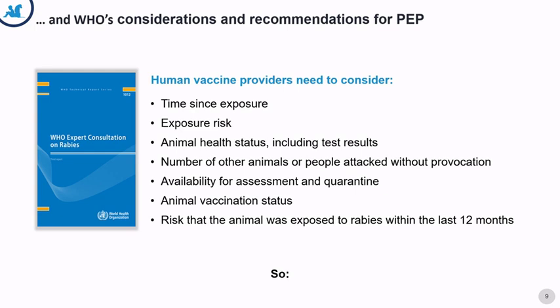Time since exposure, the exposure risk, animal health status, including any test results, the number of other animals or people attacked without provocation, the availability for further assessment and quarantine of the offending animal, the animal's vaccination status, and the risk that the animal was exposed to rabies within the last 12 months.